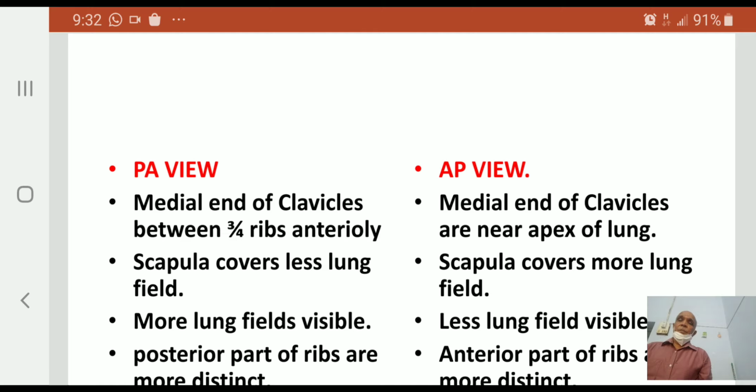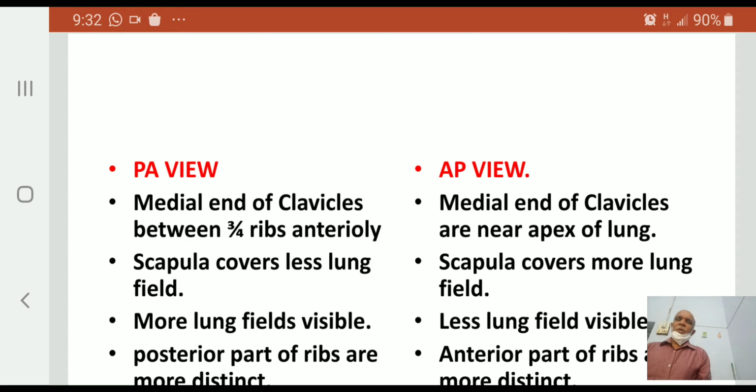In the PA view, the medial end of the clavicle is between the third and fourth rib anteriorly. In the AP view, the medial end of the clavicle is near the apex. The scapula covers less lung field in the PA view, and more lung field in the AP view.